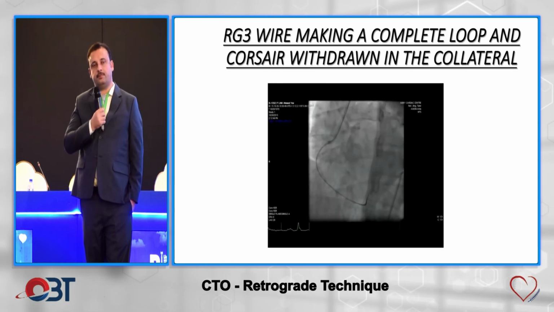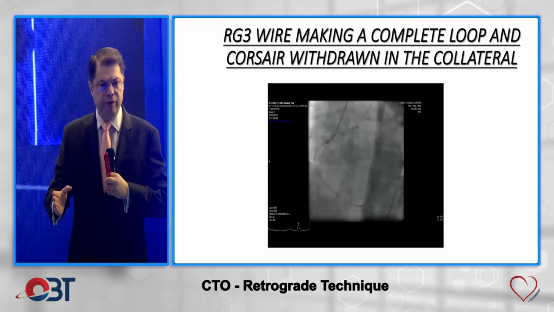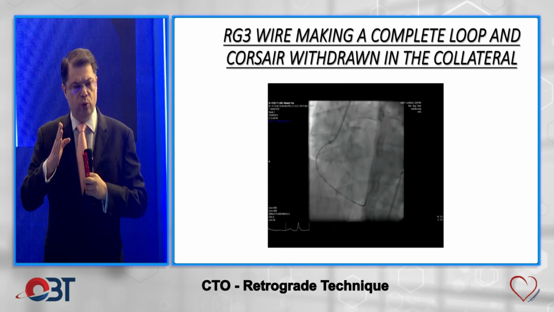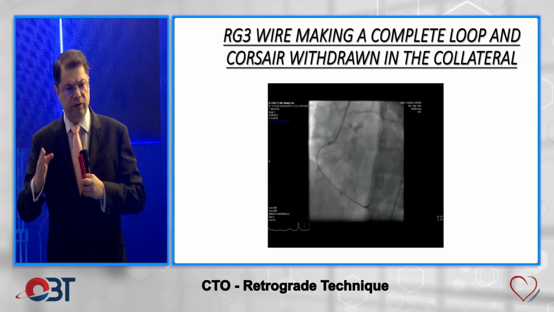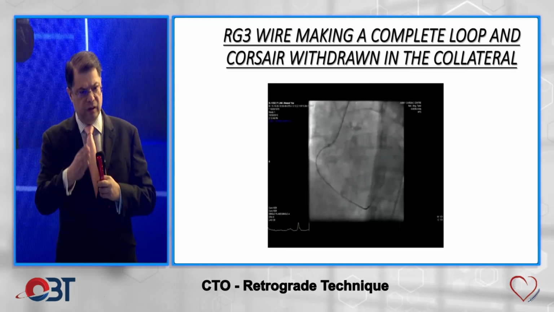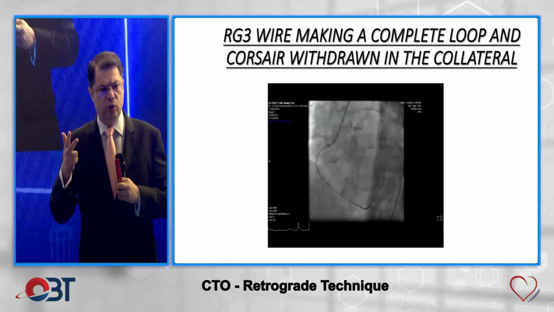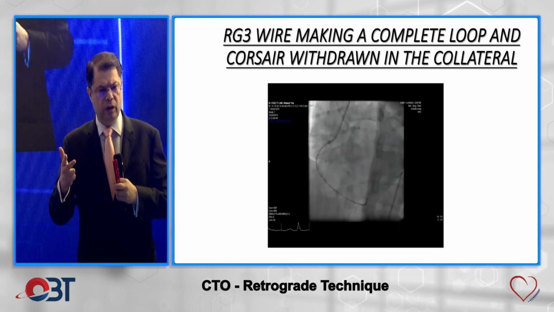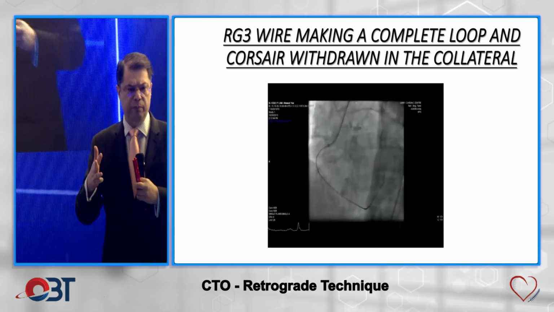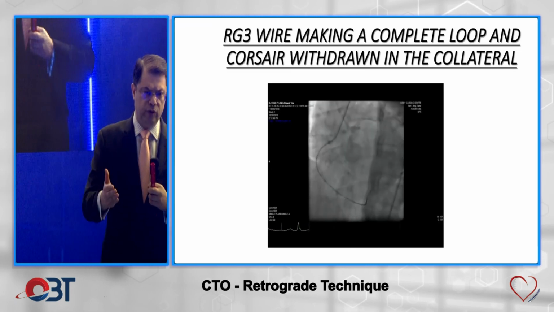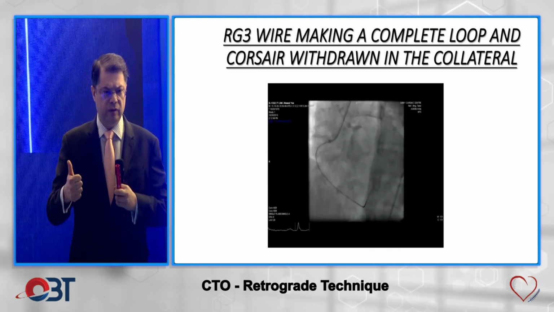And another point is that if you have a bifurcation at the distal cap, and you go antegrade subintimally, you are bound to lose one of the branches, especially in a distal RCA. So that is another reason. So these will be the ambiguous cap, long CTO, no good landing zone, and you have bifurcation or significant branches in the line of your CTO. And fifth one is that you have good interventional collaterals.